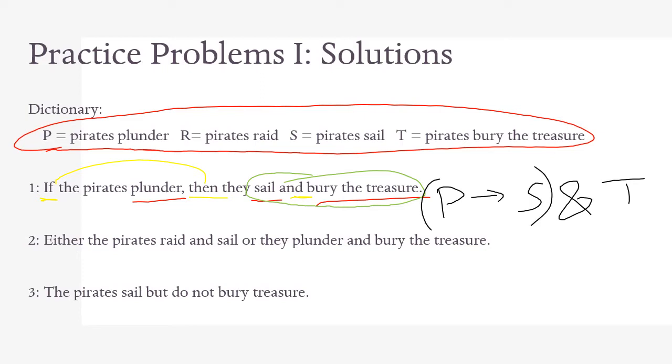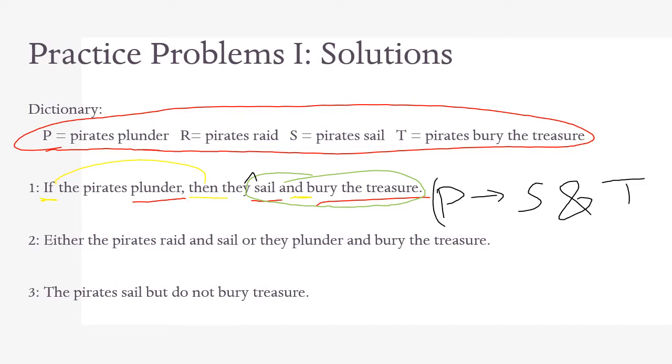Now, looking at it, if we had a both, that they both sail and bury the treasure, then it would make more sense to write it the other way, because the both is saying that those are a package deal. So if there was the both in there, we would probably say that. But without the both, we could probably write it either way.